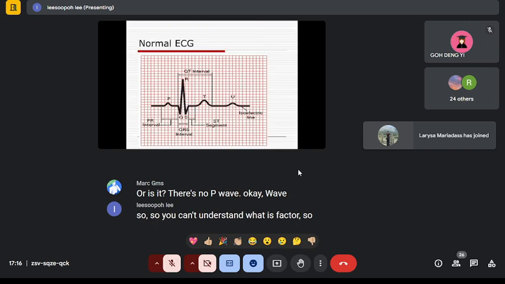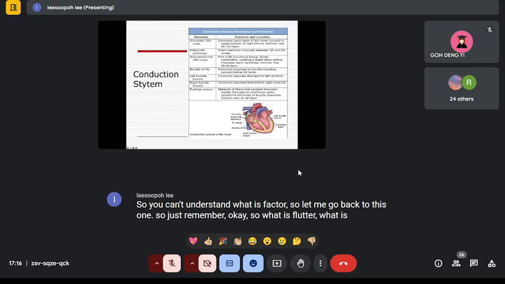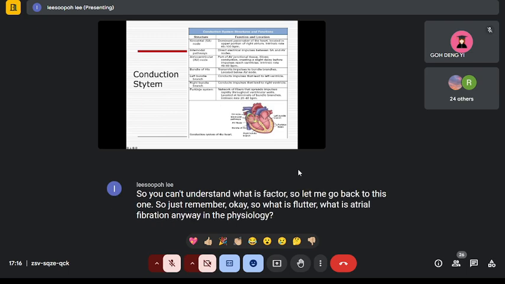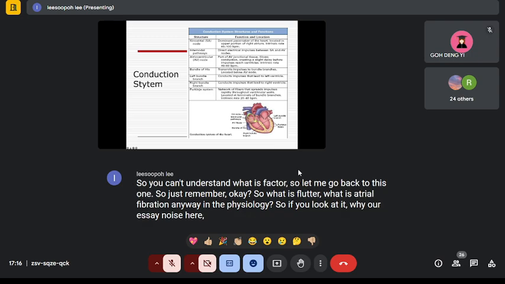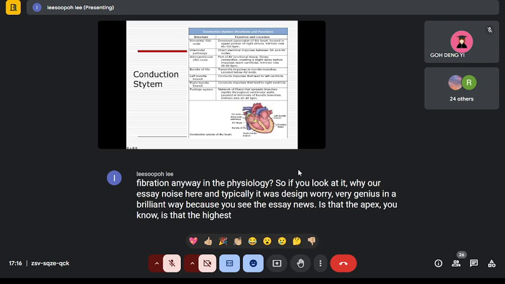So let me go back to this one. So just remember, what is flutter? What is atrial fibrillation anyway in the physiology? If you look at it, why is our SA node here? It was designed in a brilliant way, because the SA node is at the apex, the highest part, just near your jugular vein.